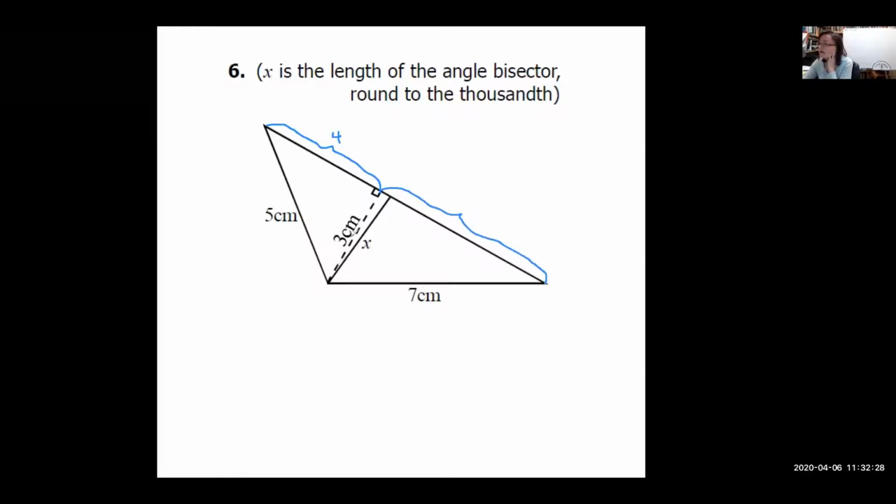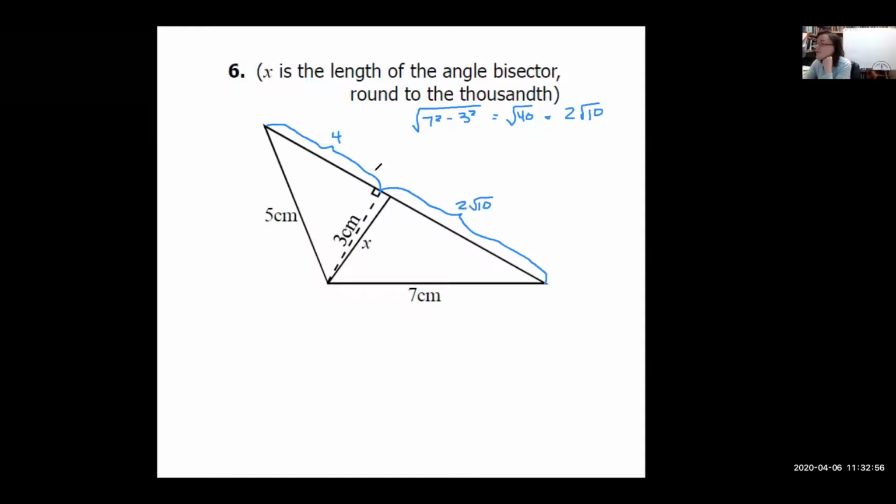This is 3, and I've got another leg. So for this one, the square root of 7 squared minus 3 squared is the square root of 40, which is 2 root 10. So this segment here is 2 root 10.